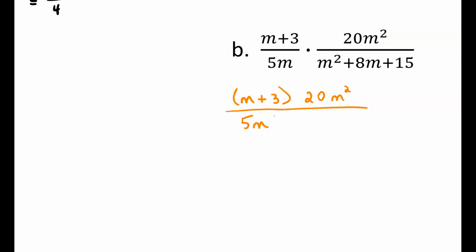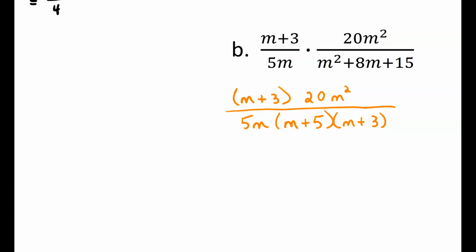And now I have m squared plus 8m plus 15. Can we factor that? Yes. And that's going to factor into m plus 5 and m plus 3. All right. And now is the time we can start cleaning up.